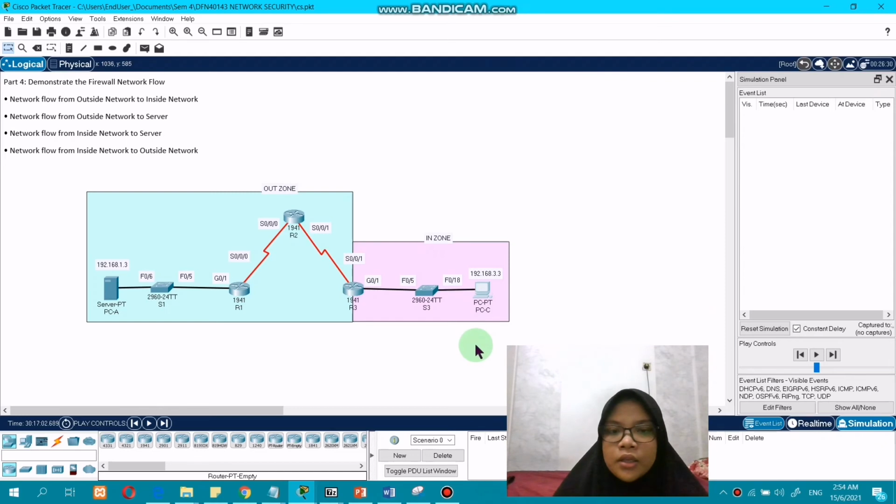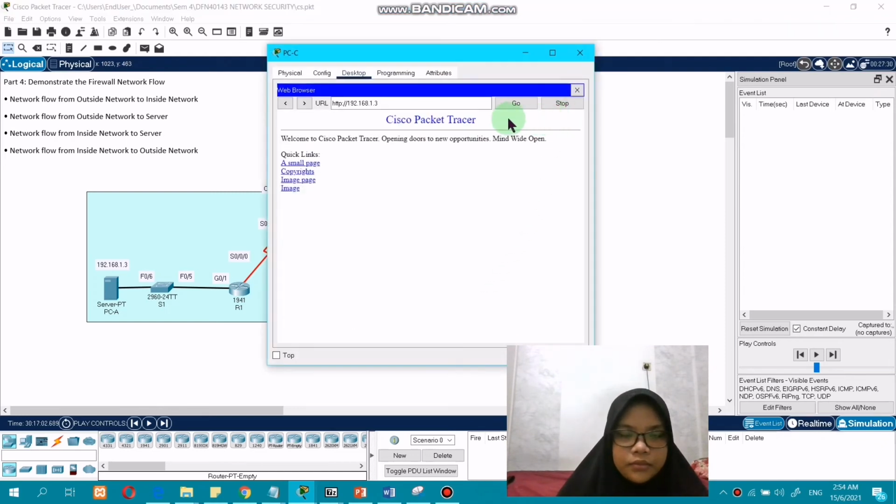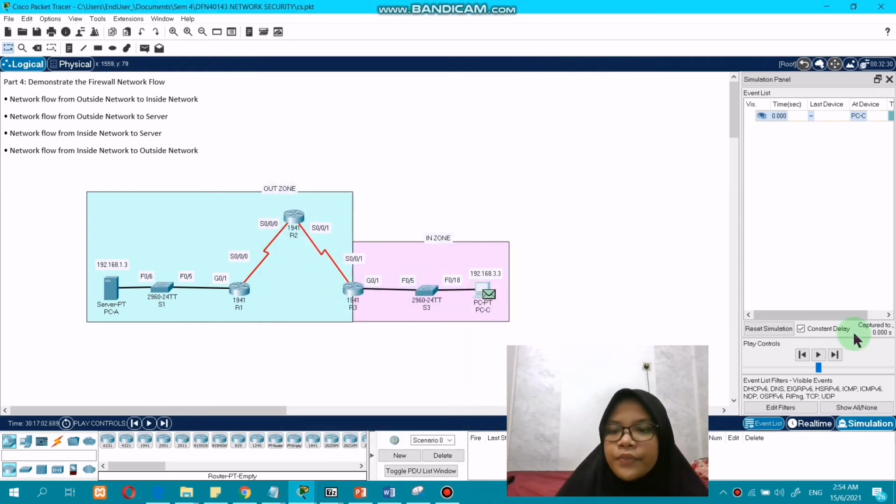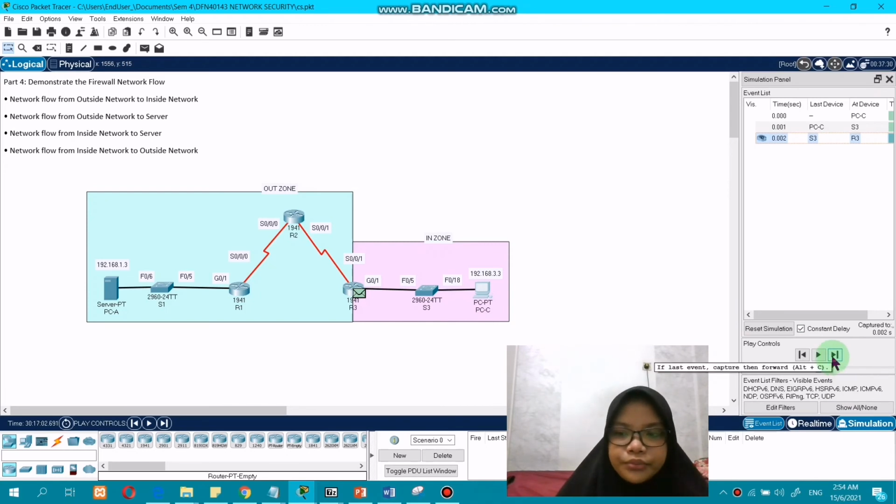Okay, so ping 192.168.1.3. So the TCP goes to the server.